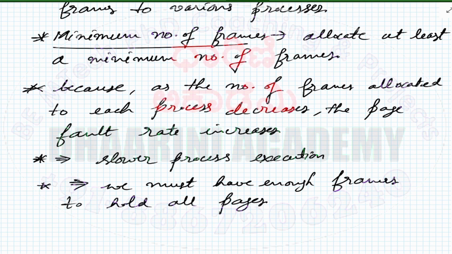It should be sufficiently low that you can handle them and most of the time is not wasted. So the first technique is called minimum number of frames: always select a minimum number properly so that it handles every page fault efficiently and effectively, without affecting the performance of the system.